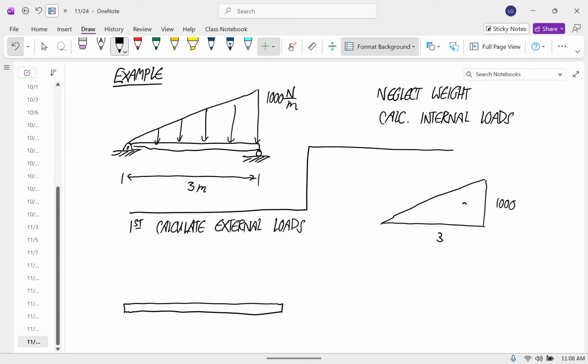So the centroid is 2/3 of the way from this side. So this is 2/3 of 3, so 2. And the area of this right triangle is the base times the height divided by 2. So 1,500 newtons.